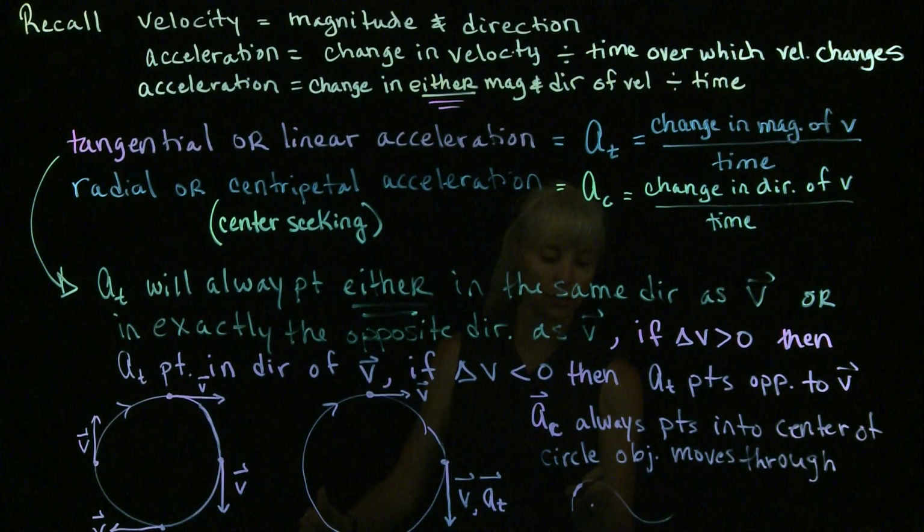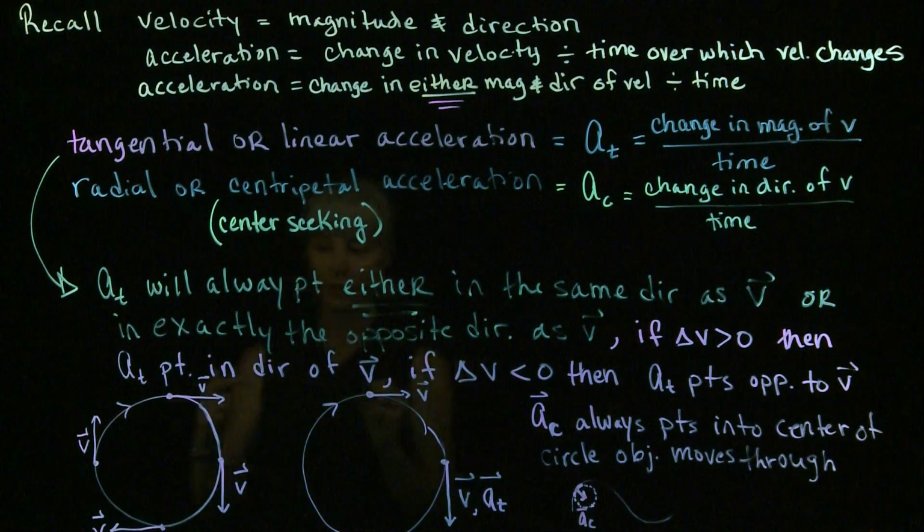So let's say this piece right here is this part of the track that the object is moving through. This arc right here belongs to a circle, which I just drew, and here's the center of the circle. And so at this point right here, the centripetal acceleration is going to point into the center of the circle. So that's going to be the direction for a sub c.